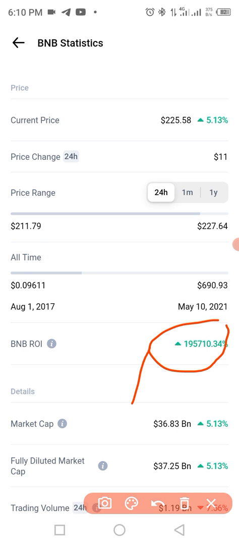That's the ROI since BNB was first invested in till this moment. If you had bought BNB at 0.09 and held till $225 till date, you would have gotten a 19,000x increase.